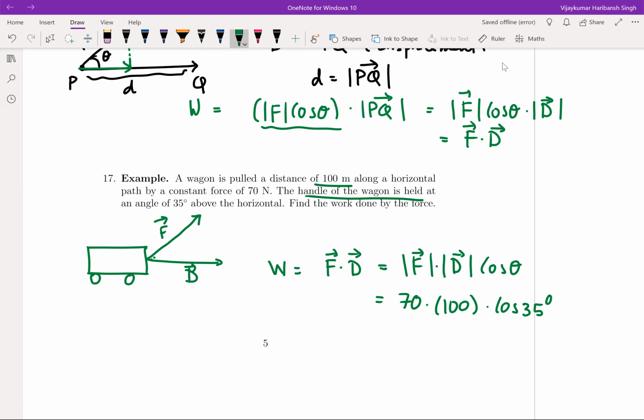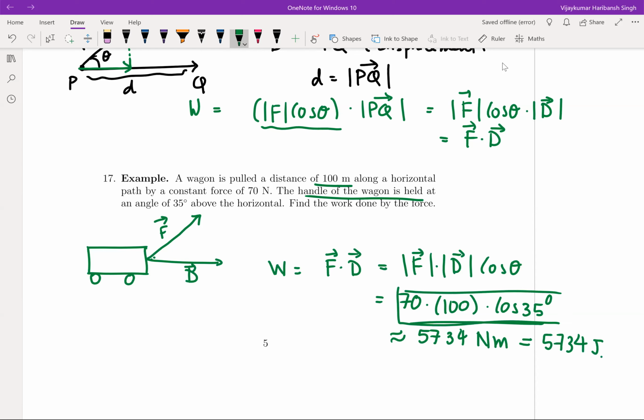If you want to approximate, so this is the answer. If you want to really multiply it out, you will see that that's going to be 573.4 Newton meter. Newton meter is also referred to as joule. So this is how we understand the work done by the force.